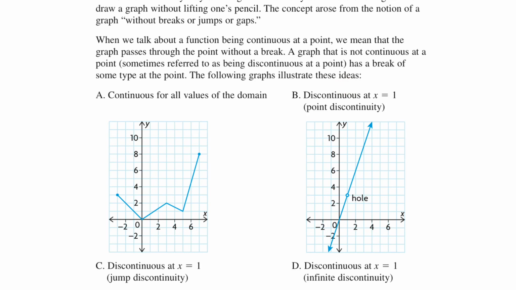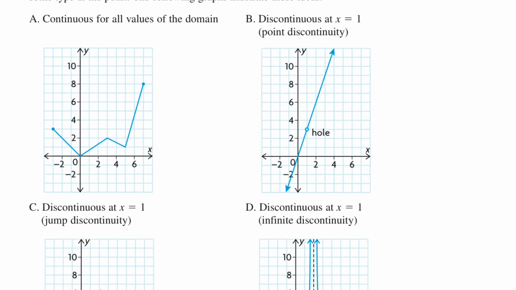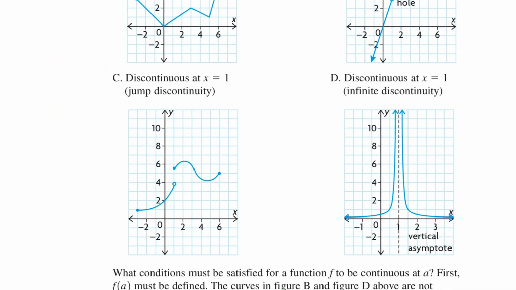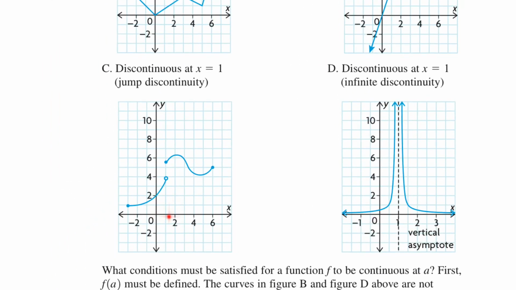If you look at the graph of the function here in part B, it is discontinuous at x equals 1. The graph breaks at 1, and there is a hole on the graph of the function. If we look at the graph in part C, the graph breaks at 1, and it is a jump discontinuity.